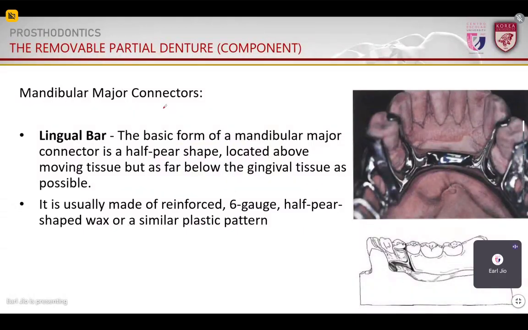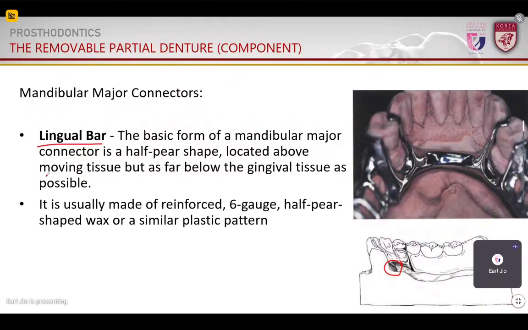So, mandibular major connectors. Okay? Pag-usapan na natin mga types of major connectors. So, one is a lingual bar. This is the most common or the basic form of mandibular major connector. Half pear in shape. Ganyan yung itsura niya sa cross-section.